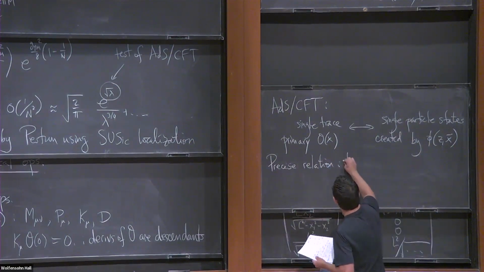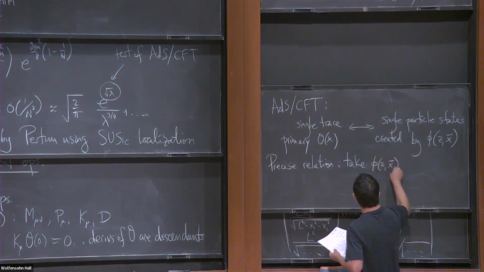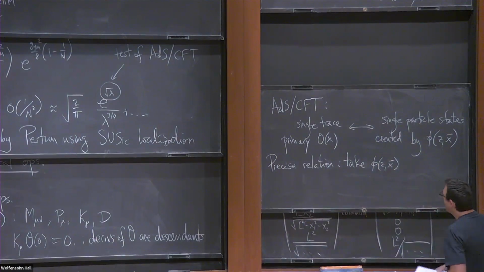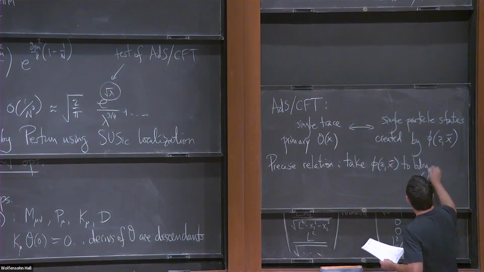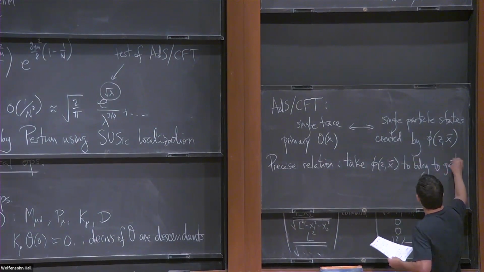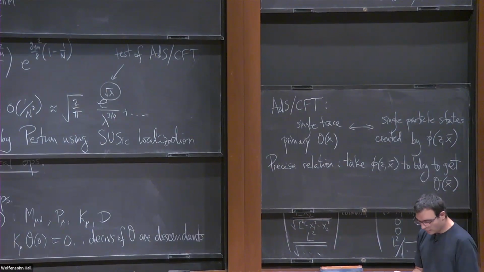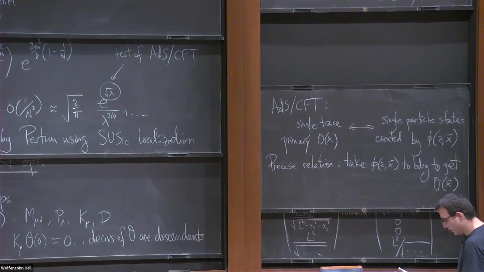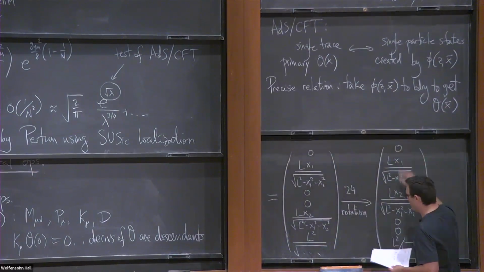We start with a bulk field and take it to the boundary of AdS to get the boundary operator O. So naively, it should be simple. However, the limit is a little subtle, and I'll discuss what the subtlety is.